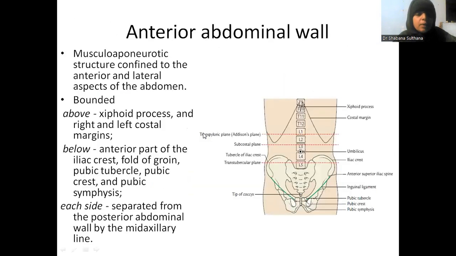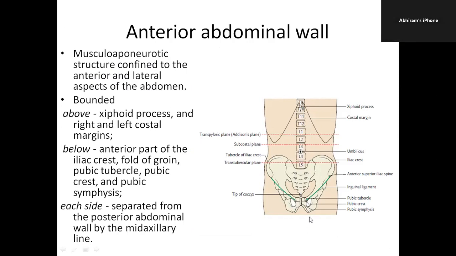So now coming to the anterior abdominal wall. It is a musculo-aponeurotic structure. I hope you understood now because it has muscle and also aponeurosis. It is confined to the anterolateral aspect of the abdomen. So above we have the xiphoid process. On either side we have the costal margin. See, this is one costal margin. This is one more costal margin.